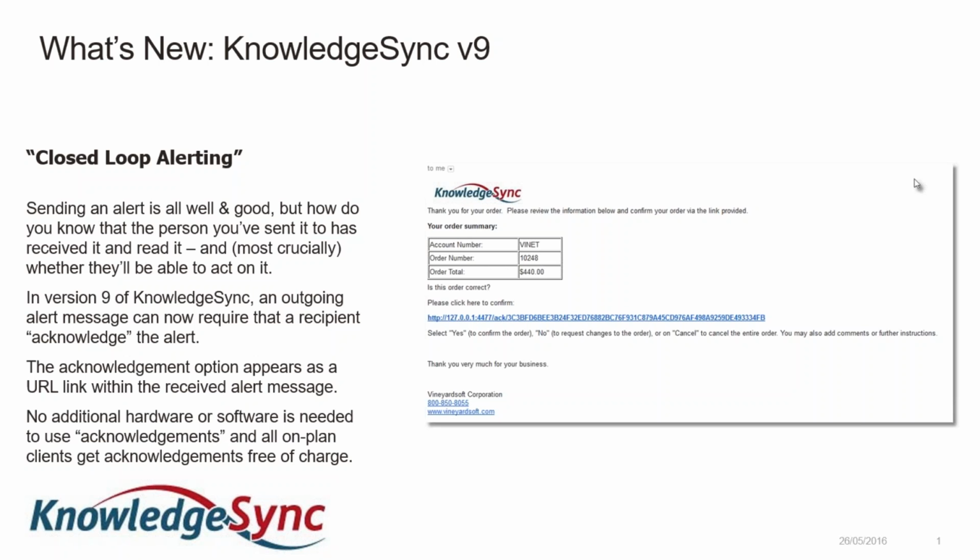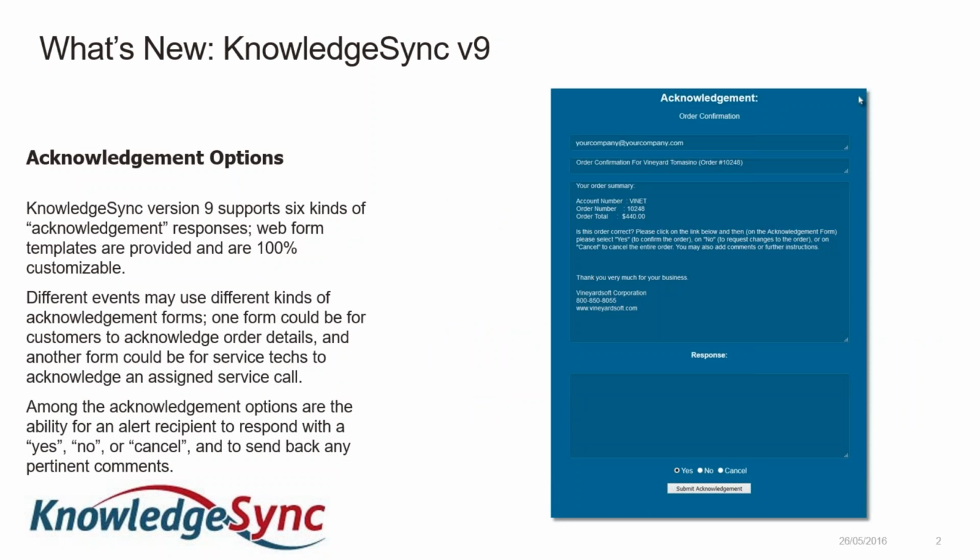In KnowledgeSync, acknowledgements are web forms that a person is taken to where they can acknowledge receipt of an alert and specify additional comments. Let's move now to take a look at what such an acknowledgement form looks like.